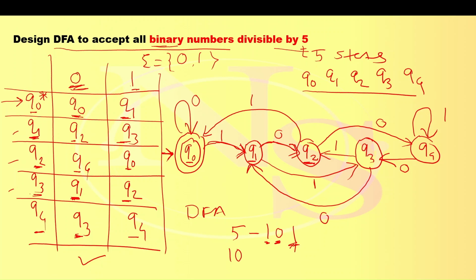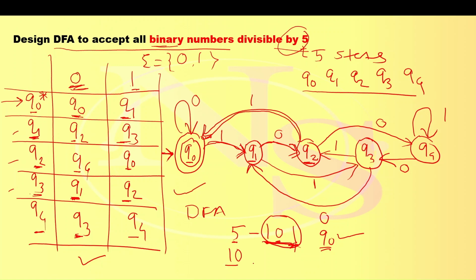Q2 reading the last symbol 1 goes to state Q0. So after reading the complete string, the automata is in state Q0. Q0 is a final state, hence 101 is accepted. It should be accepted because 101 is 5 and 5 is divisible by 5. Hence our automata is correct.